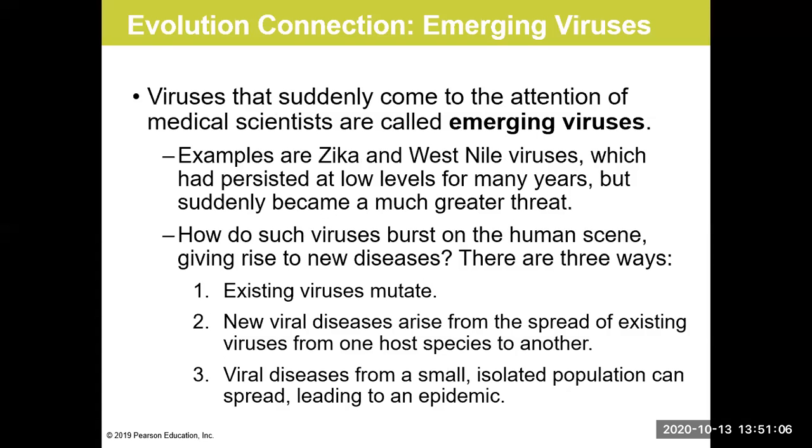Viruses have become very important these days. Those viruses that suddenly come to the attention of medical experts are known as emerging viruses. Examples could be the COVID-19 virus, the Zika virus, the West Nile virus. All of these viruses persist at low levels for several years, and then every now and then they have an outbreak. How is it that they suddenly have these outbreaks?